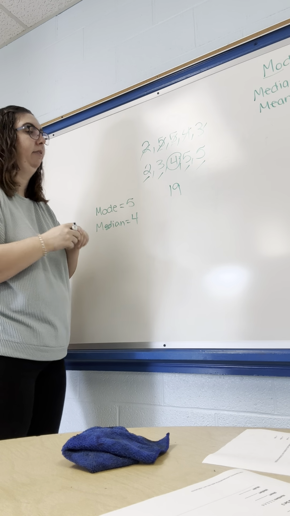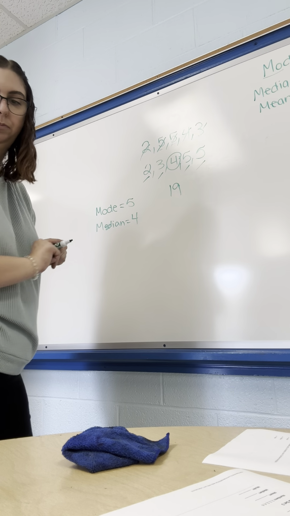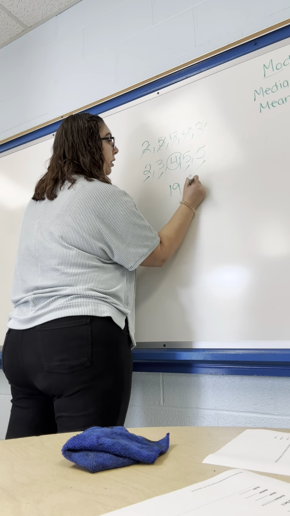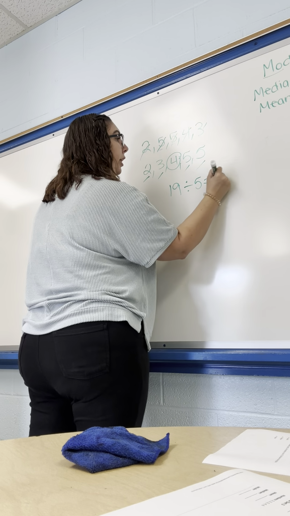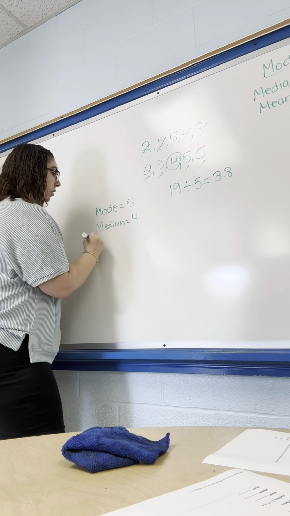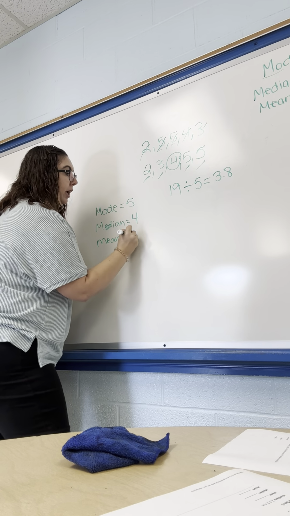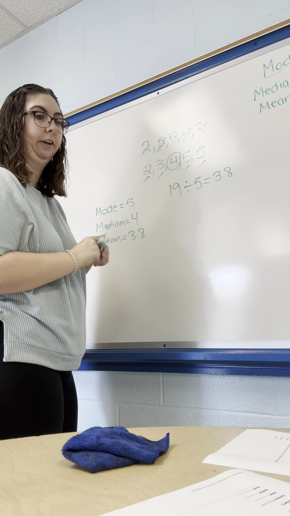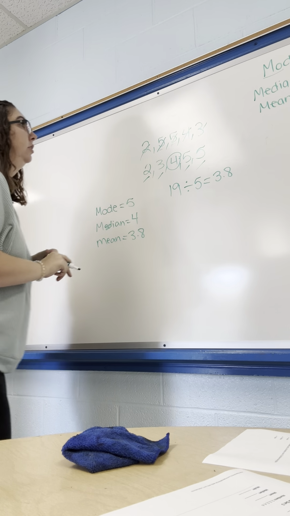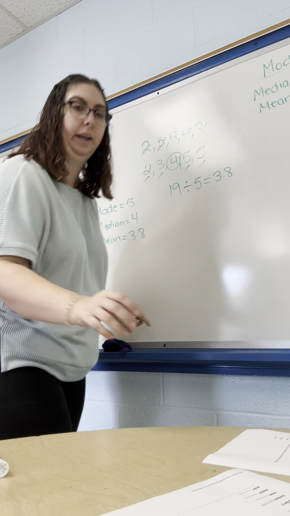And then what do we need to divide 19 by? Right, we need to divide 19 divided by 5, and that equals 3.8. So what is our mean? Right, our mean is 3.8.